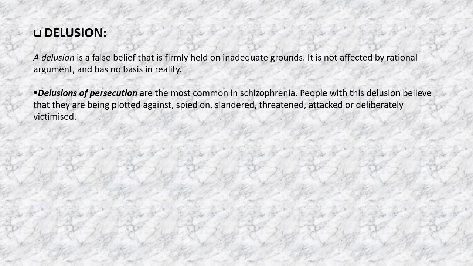Delusions of persecution are the most common in schizophrenia. A person with schizophrenia often complains about delusions of persecution. That is, people with this delusion believe that they are being plotted against, spied on, slandered, threatened, attacked, or deliberately victimized.